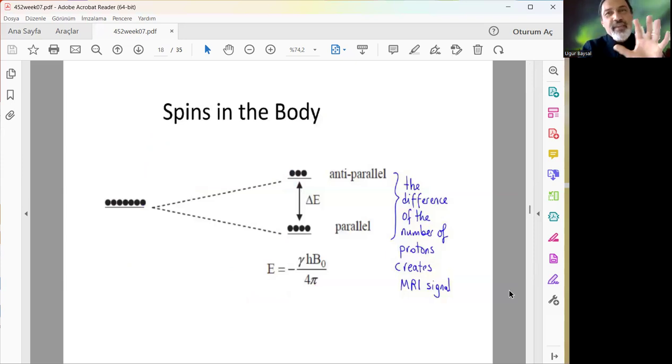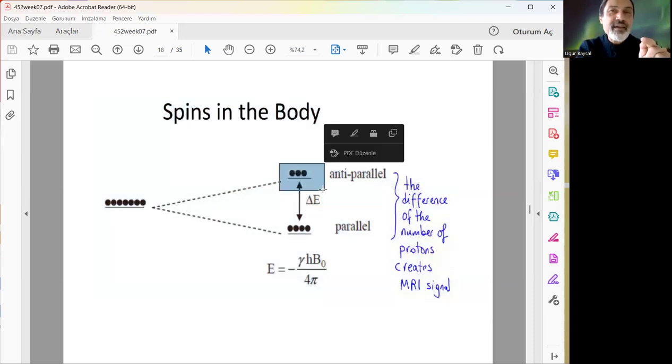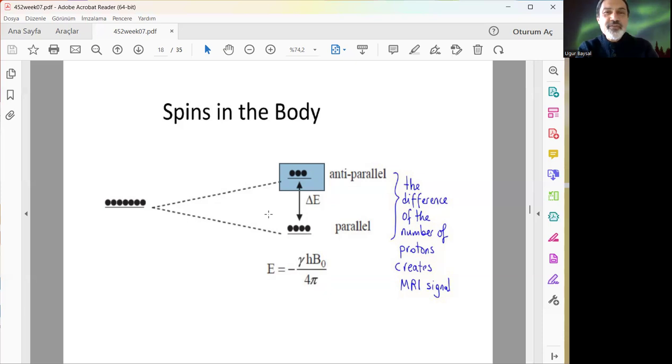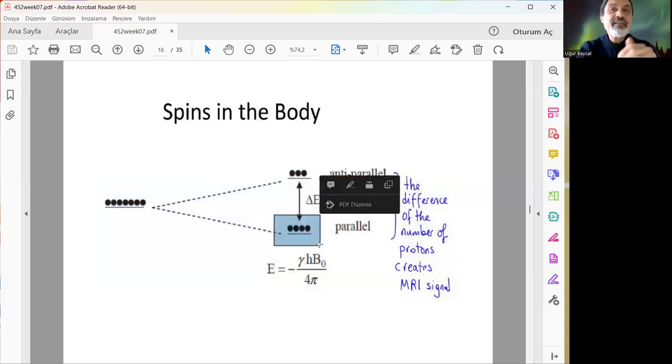So in terms of energy band diagrams, this can also be shown in the following image. The population of anti-aligned nuclei have slightly higher energy. The population of aligned spins do have slightly higher population but lower energy. In nature, the rule always applies: every physical system tends to lower its energy to become more stable.